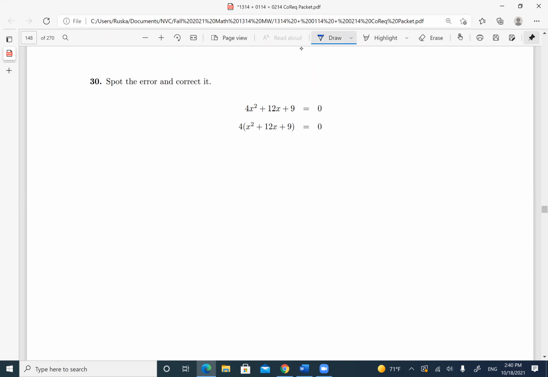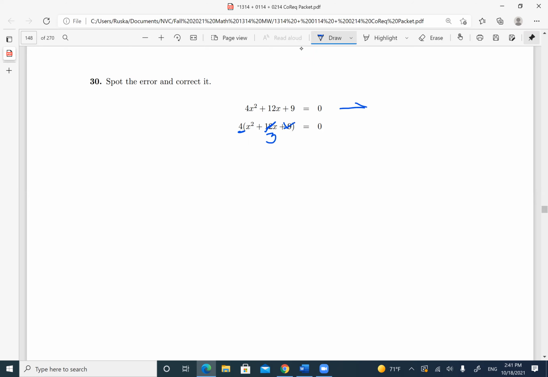Looking at the numbers 4, 12, and 9, are they divisible by the same number? No, right? If you factor out 4, this is going to be 3, and this 9 is not divisible by 4. So you can't do that.